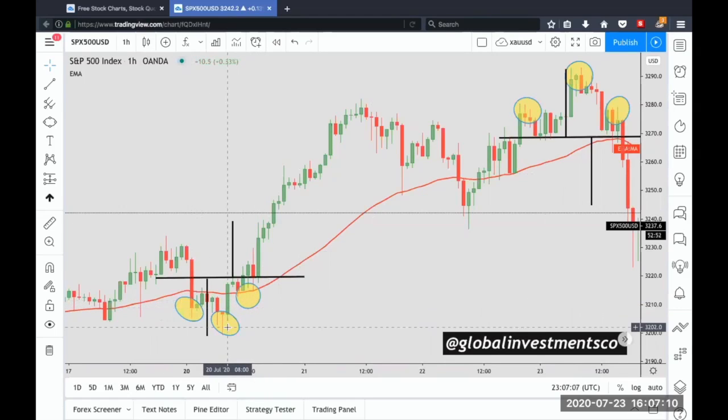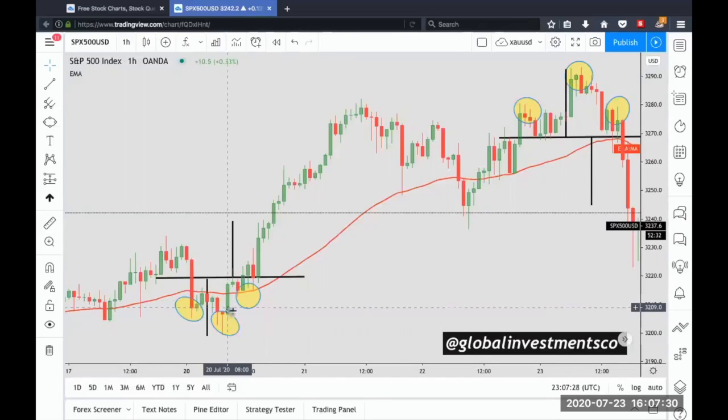So the main thing that we like to look for, obviously, is the confirmation. Okay, so we got our left shoulder being made, and then we got the lower low, which is the head being made. And notice here that after the head is formed, price does not breach below that.